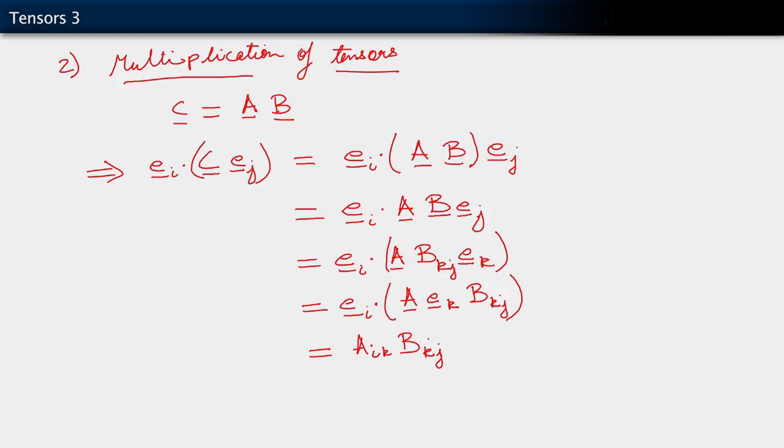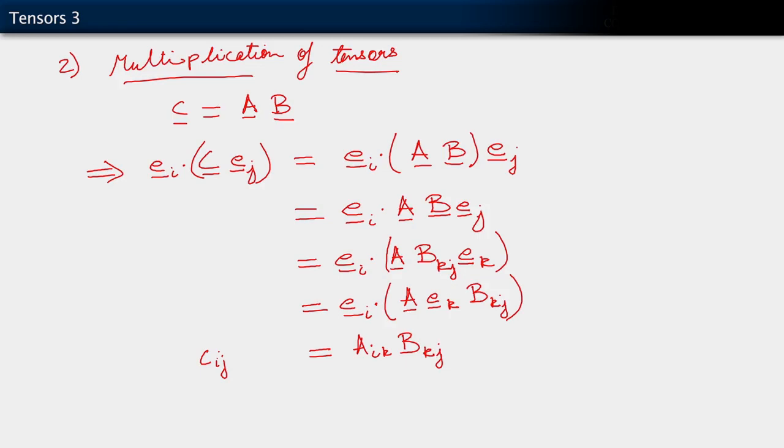We did nothing with the left-hand side all along, but now we observe that the left-hand side, which always was EI dotted with CEJ, is just CIJ. And here we have our result for C equals AB expressed in terms of the components: Cij is just Aik Bkj.